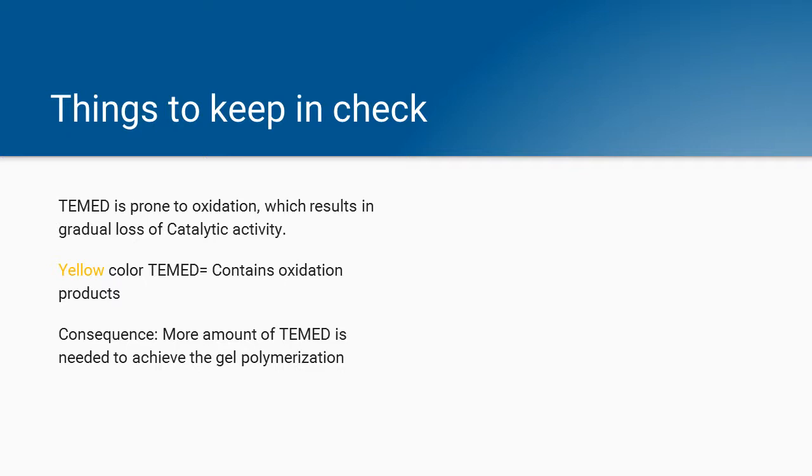If your TEMED has turned yellow, it contains oxidation products, so this denotes that your TEMED has oxidized, and now you have to use more TEMED. TEMED is also hygroscopic, which means it accumulates water, and this accumulation accelerates the oxidation process, which in turn is responsible for a gradual loss of catalytic activity.